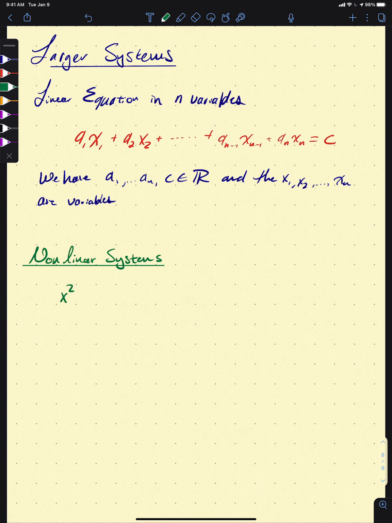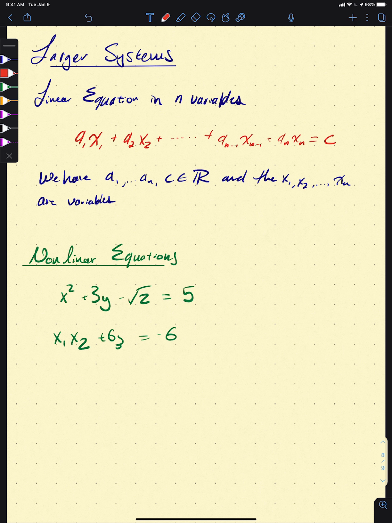I know we're in a very busy part of the quarter, but if for some reason you really want to take a break and try and solve these, go right ahead, be my guest. Here's two nonlinear equations. I guess you could put them in a system, but I would not be able to tell you off the top of my head if this as a system had any solutions.